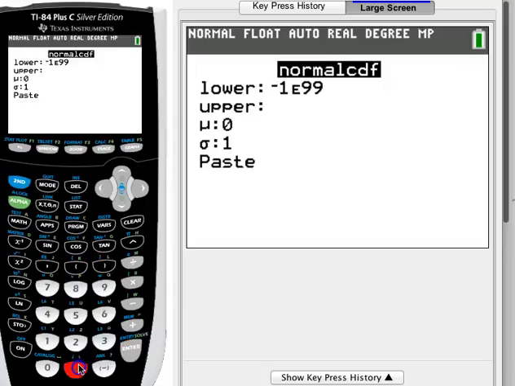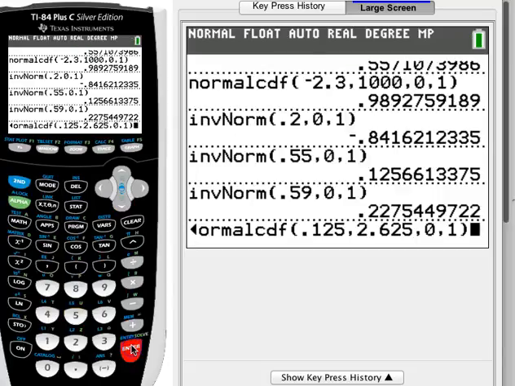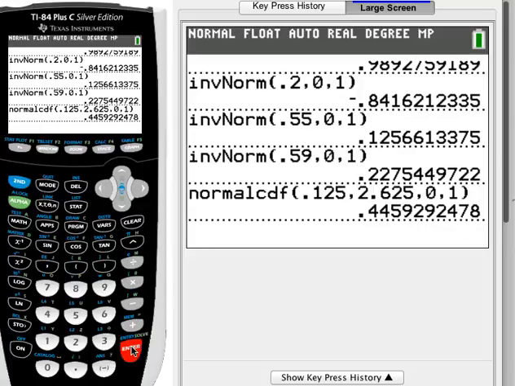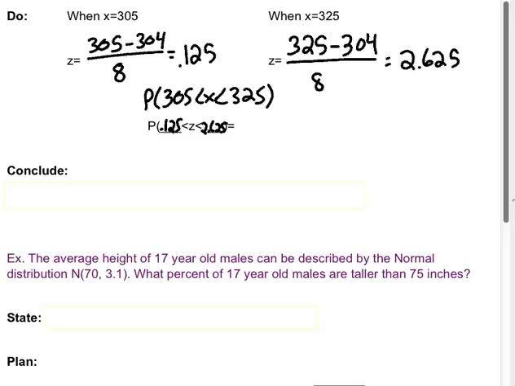So here, having probability of going between 0.125 and 2.625, I can calculate the area between those two z-scores, and it's going to be 0.4459, or 44.59%.